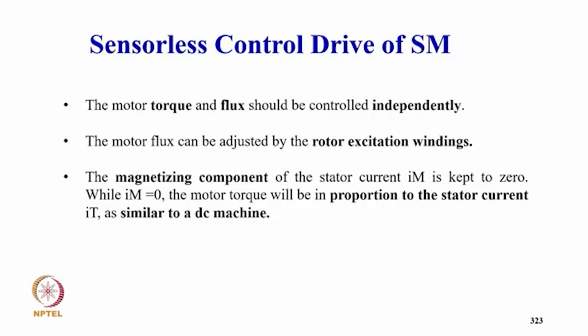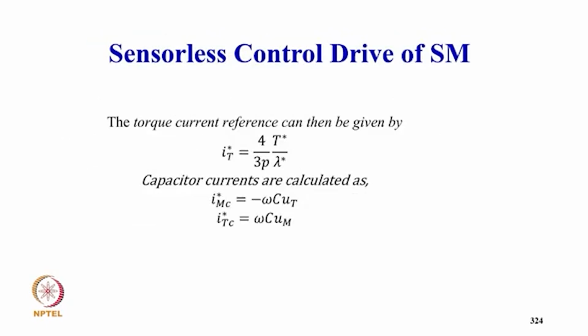So the motor torque and flux should be controlled independently. The motor flux can be adjusted by the rotor excitation winding, and the magnetizing component of stator current IM is kept 0. While IM equals 0, the motor torque is proportional to the stator current IT, similar to a DC machine.